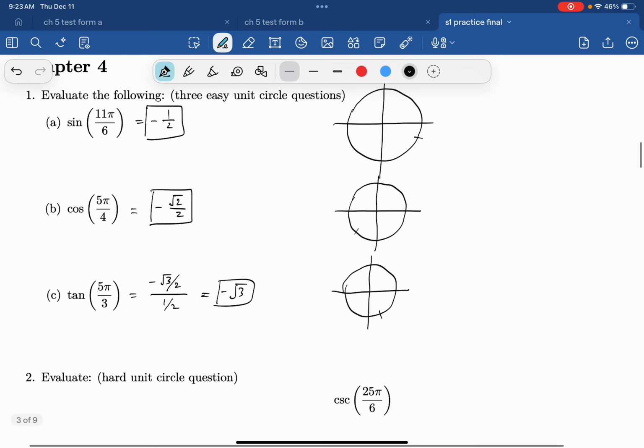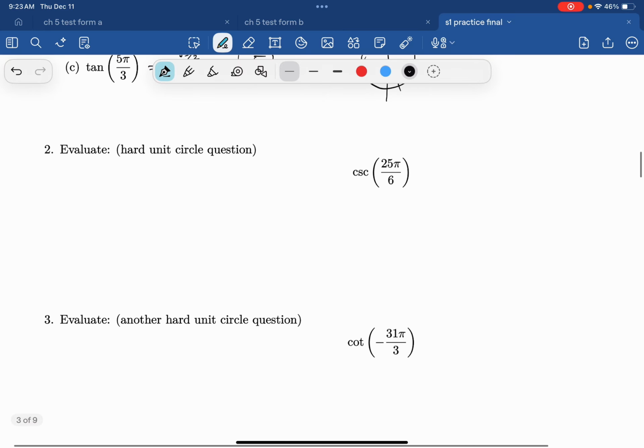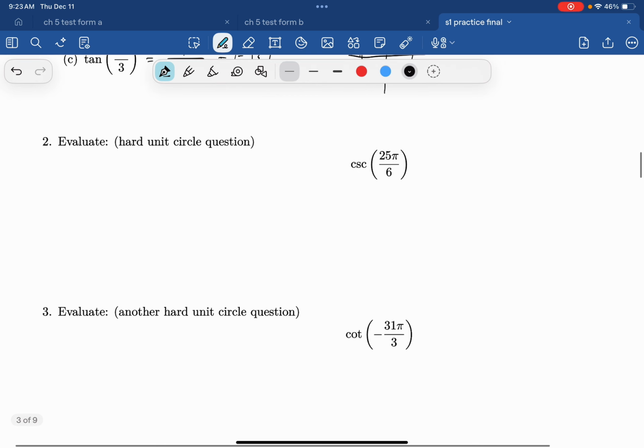Following these 3 easy unit circle questions, you are going to get 2 more hard unit circle questions, and they are challenging because these angles are either greater than 2 pi or much less than 0. In order to convert it into a more helpful angle value, we have to subtract some multiple of 2 pi.